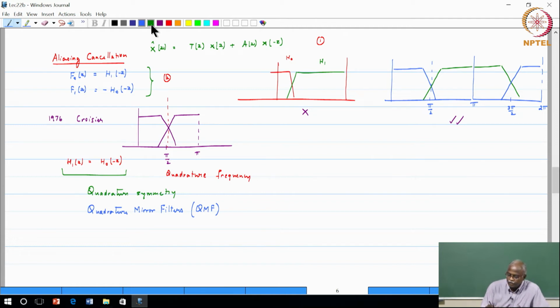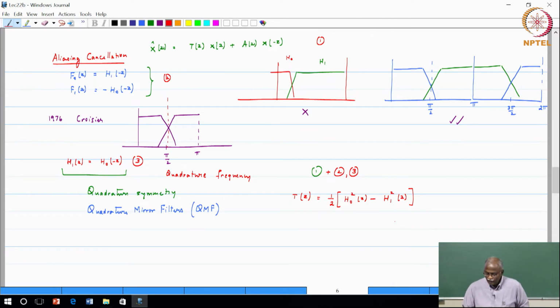Now, if you combine equation 1 and 2, this is now equation 3. Add them, and to get rid of aliasing with this constraint, please substitute. You can verify that T of z, the transfer function, will come out to be 1/2 of H naught squared of z minus H1 squared of z.